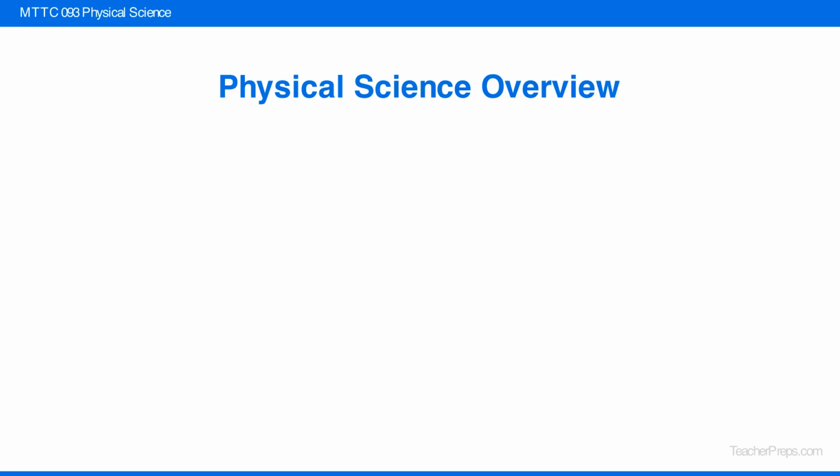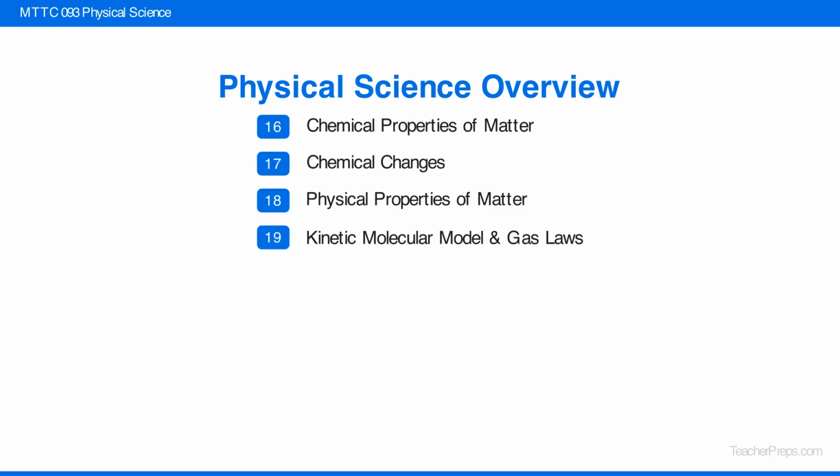Here is what we are covering today. Subarea 4, Physical Science, has 8 objectives. We will start with the chemistry of matter: atomic structure, the periodic table, elements versus compounds versus mixtures, and chemical symbols and formulas. Then we move to chemical changes: reactions, bonds, balancing equations, and reaction rates.